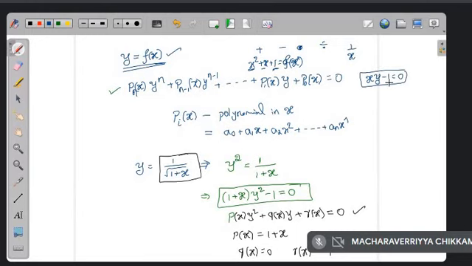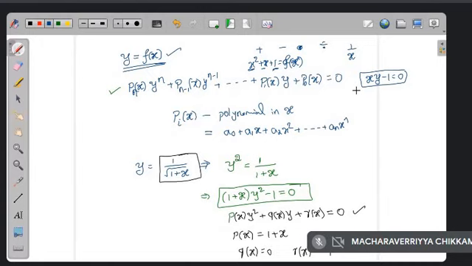So this 1 by x is the root of this equation, so it fits the definition also. So whatever you see with x squared and even power, negative powers are also allowed, and square roots are also allowed. Power 1 by n is also allowed. So it's algebraic. But now what is a function that is not algebraic?